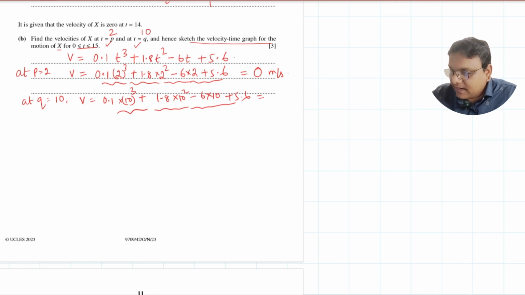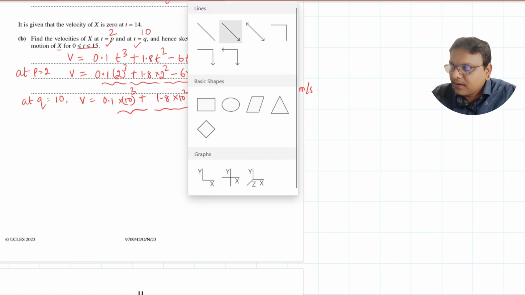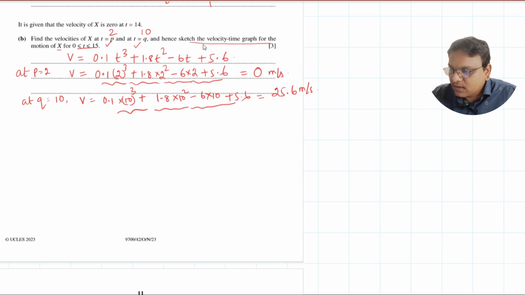Yes. Now the question is we have to draw a velocity-time graph. If I try to draw the velocity-time graph, this is the y-axis and this one is the x-axis, like this.